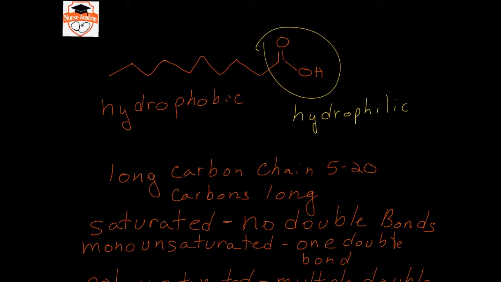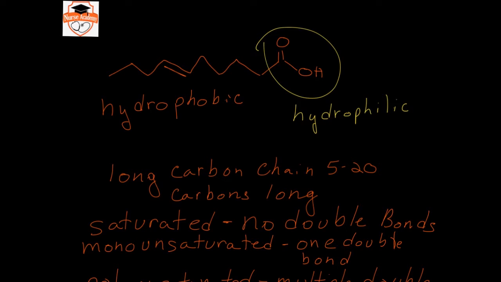Now, these multiple bonds are important because every place that there's a double bond is a more reactive spot on the fatty acid. That means the body has the ability to break these carbon chains much more easily at those spots.